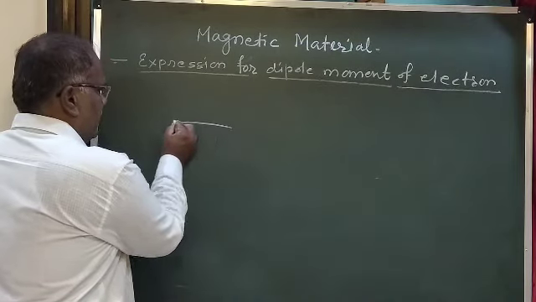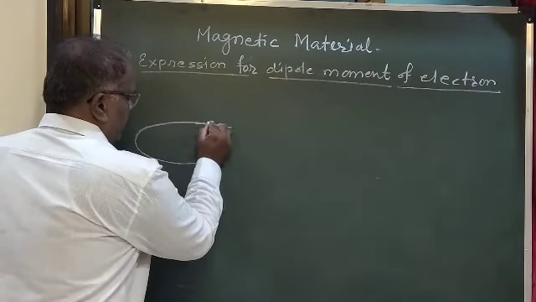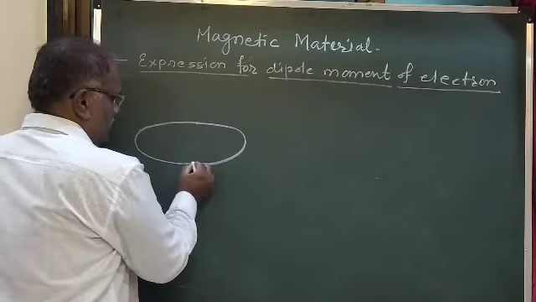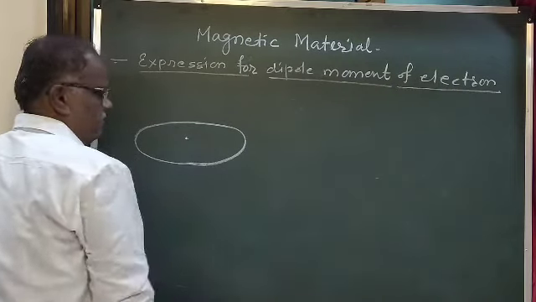We know that in atom electron revolves around the nucleus in circular orbit.